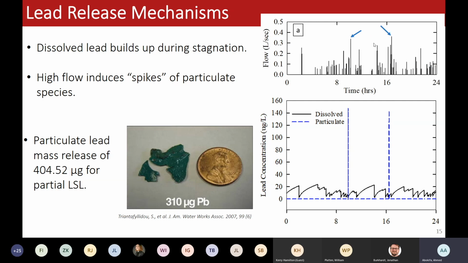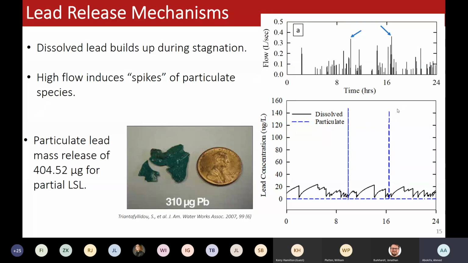Something that was kind of interesting to see, and kind of expected given the structure of the model, was that although the second flow event had a higher flow rate, the peak of the particulate lead release for the second flow event was lower than the peak for the first flow event.